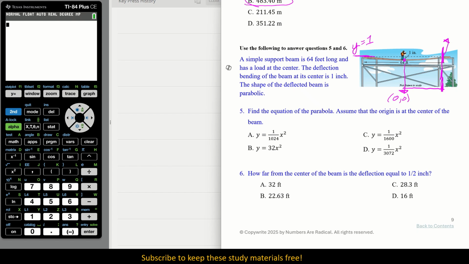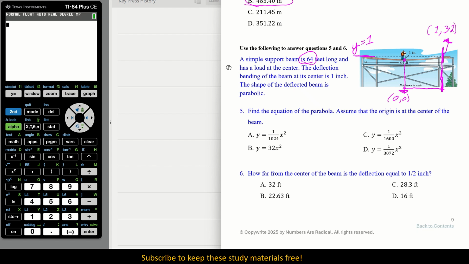that is going to be a distance of half of 64. So that is right there. Half of 64 is 32.